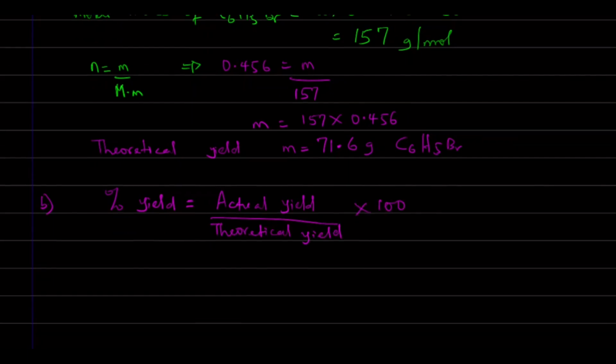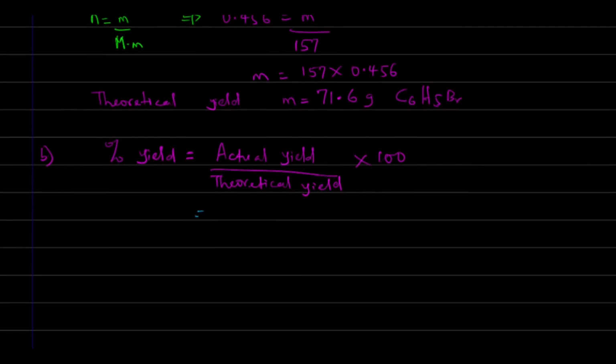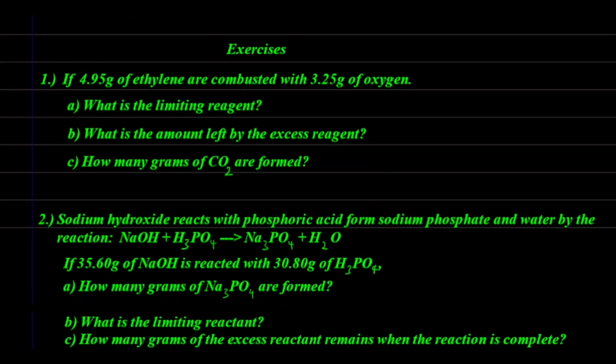The actual yield given in the question is 63.6 over 71.6, which is the theoretical yield, that's the calculated yield, times 100, and we are going to obtain 88.83%.